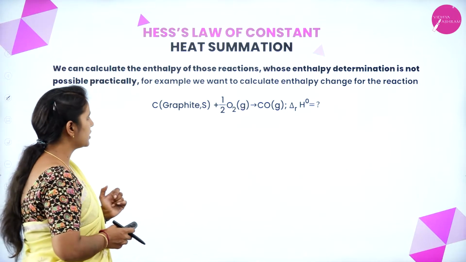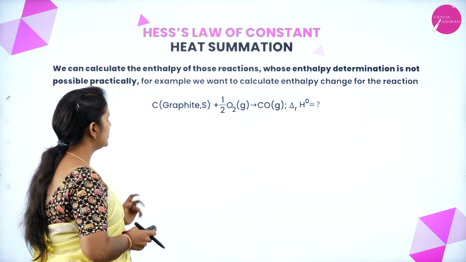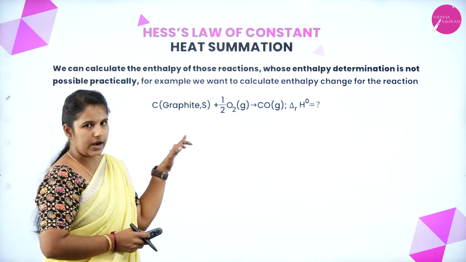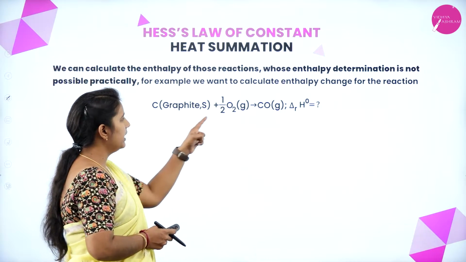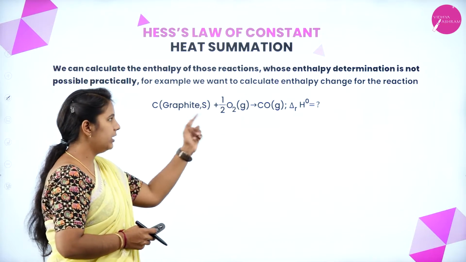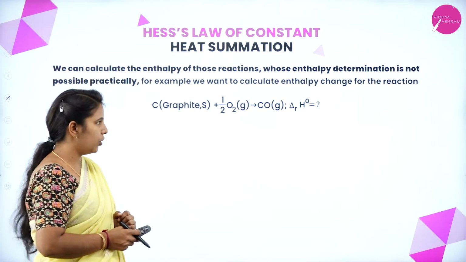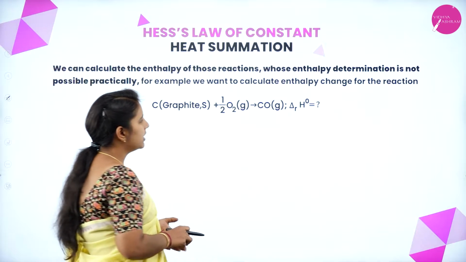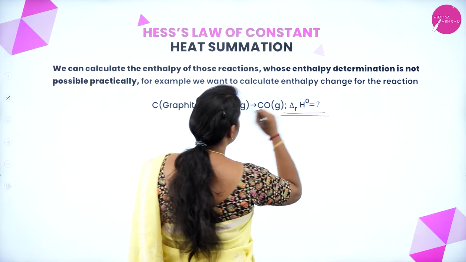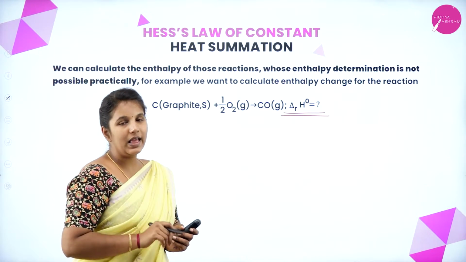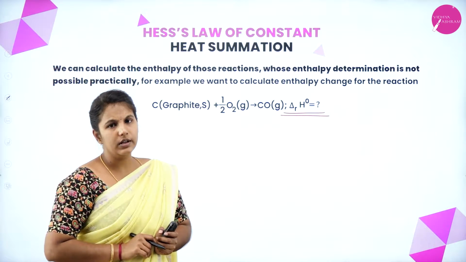We'll take an example so that we understand how to calculate the enthalpy of formation of a particular reaction. Here we have a reaction where carbon, graphite, in the solid state, reacts with oxygen and gives rise to carbon monoxide. What is the delta H of the reaction? That is the enthalpy of the reaction we need to calculate.